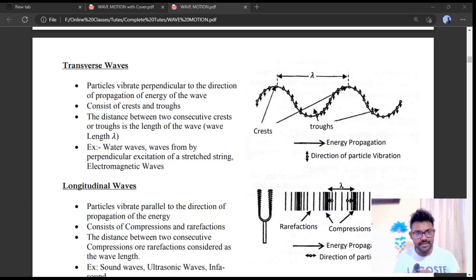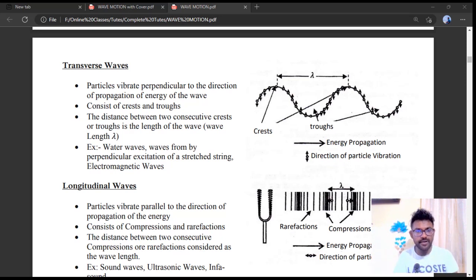Lambda is the wavelength. In a transverse wave, we define it as the distance between two consecutive troughs, or the distance between two consecutive crests.